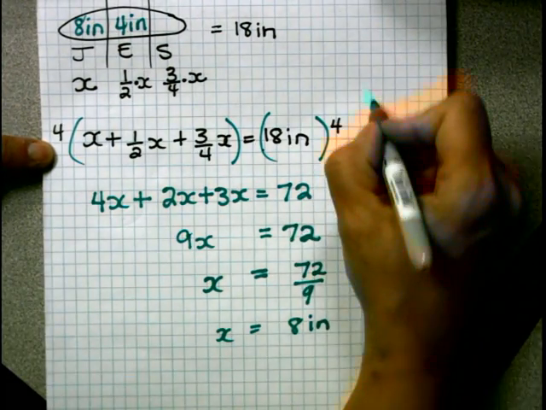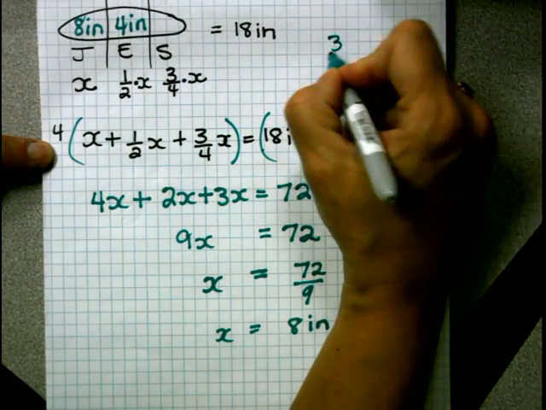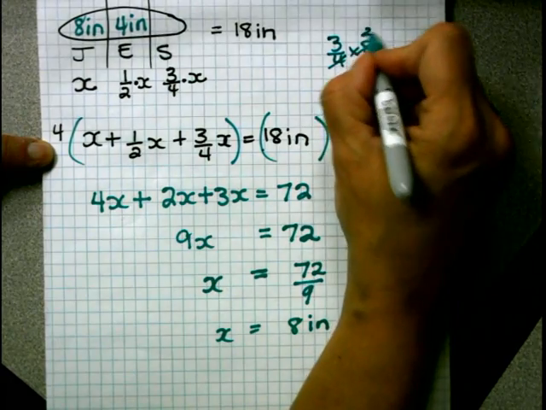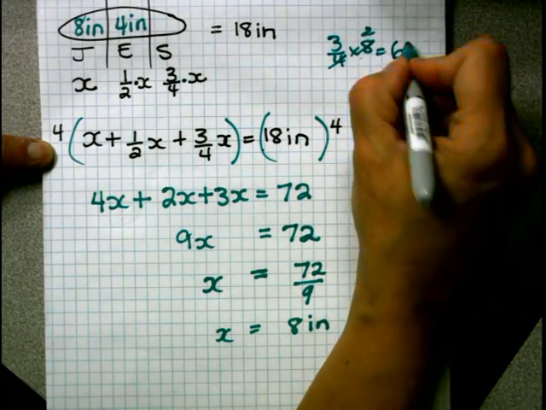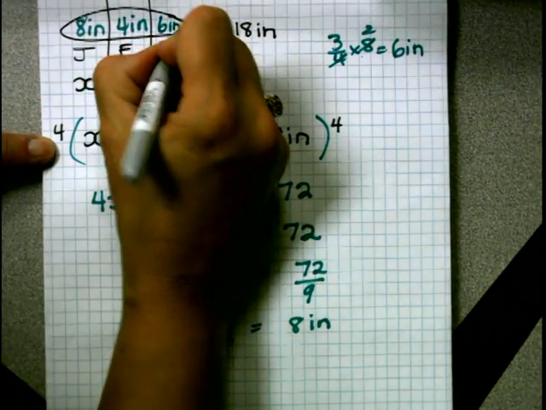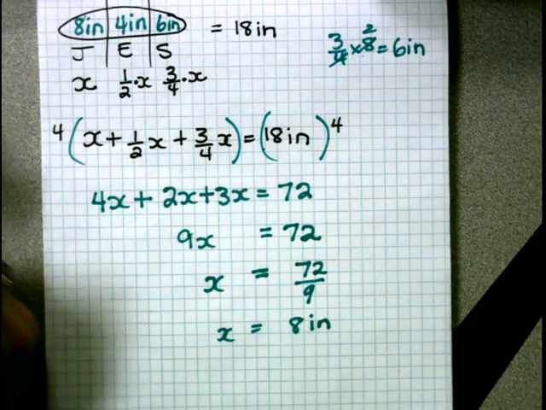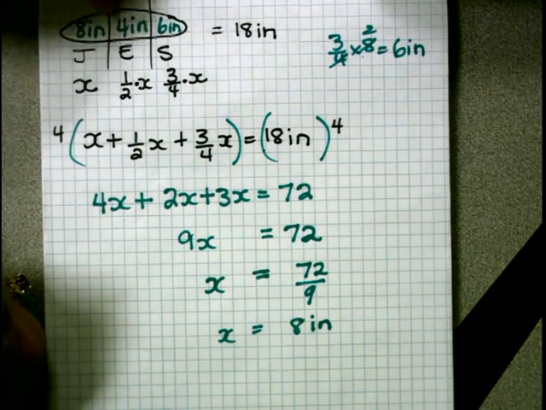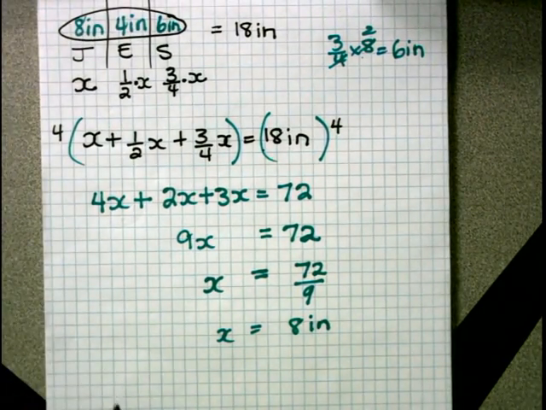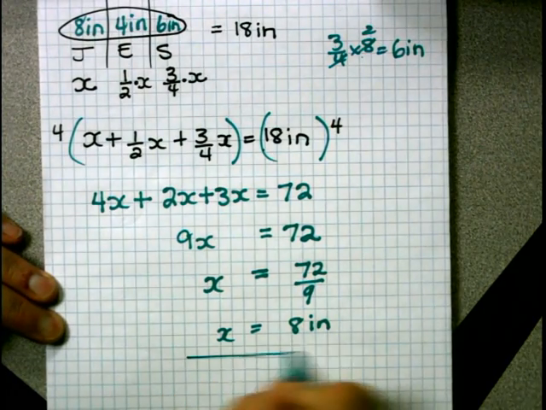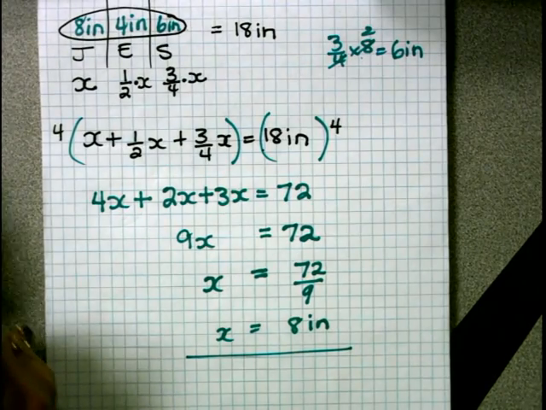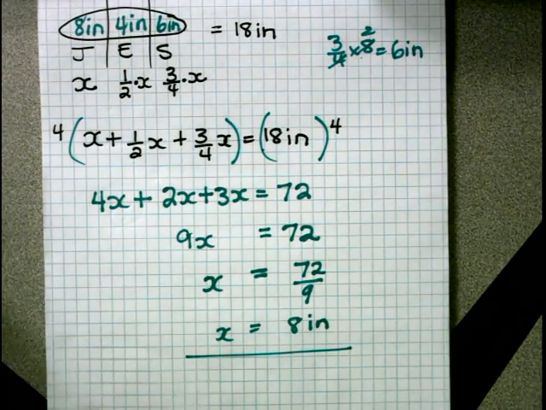So I'll calculate this on the side. 3/4 of 8, canceling out, gives me 6 inches. 8 and 4 is 12, and 6 gives us 18 inches. We have solved the equation. So each piece is 8 inches, 4 inches, and 6 inches, which makes a total of 18 inches.